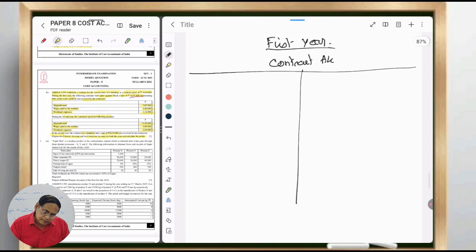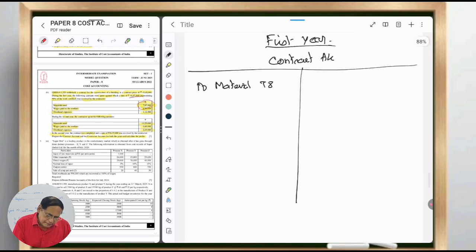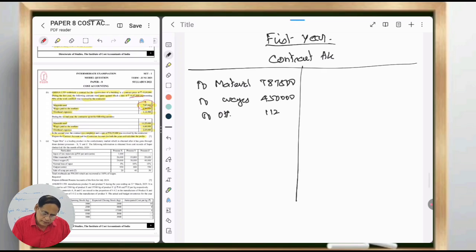So the materials is 7,87,500. So to material 7,87,500, and then to wages 4,50,000, and then overhead expenses, that is 1,12,500.